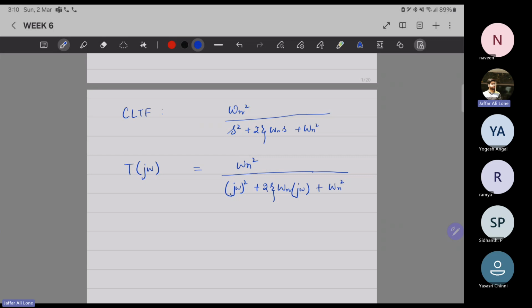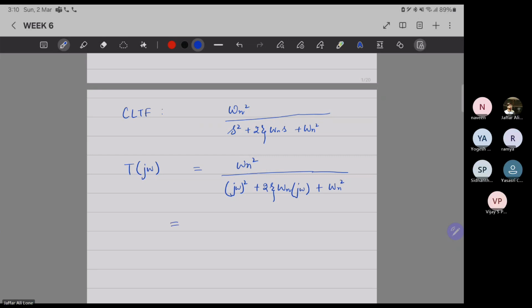If I simplify it, it will be omega n square divided by minus omega square plus j 2 zeta omega n omega plus omega n square.